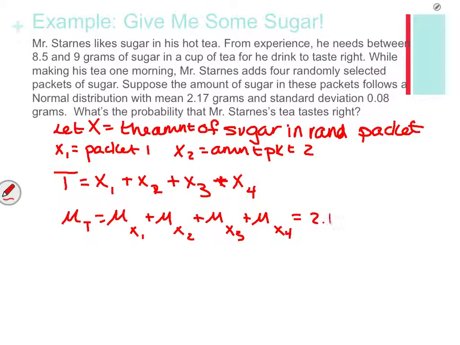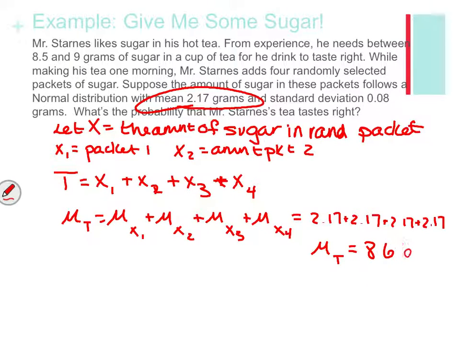So 2.17 plus 2.17 plus 2.17 plus 2.17. The mean of our 4 packets combined is going to be 8.68 grams. I'm going to need that number.